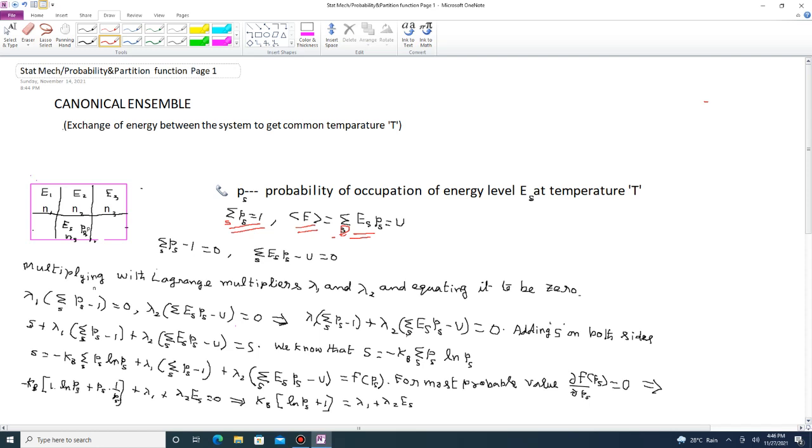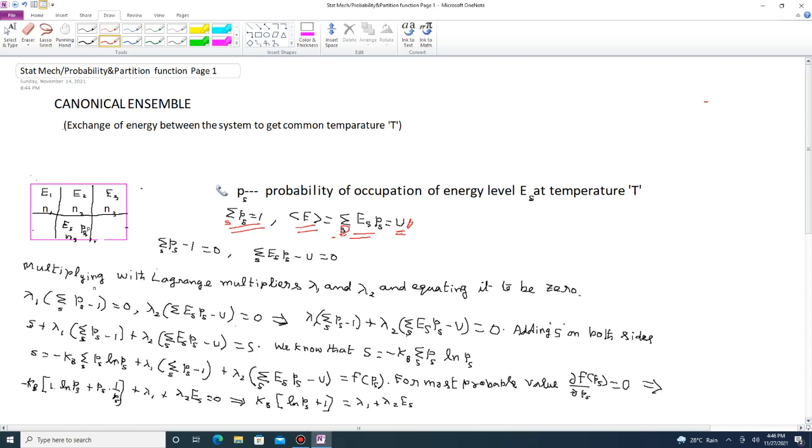That is your mean energy. You can represent it by the symbol U, the expectation value of E. This is the mean energy of the system.